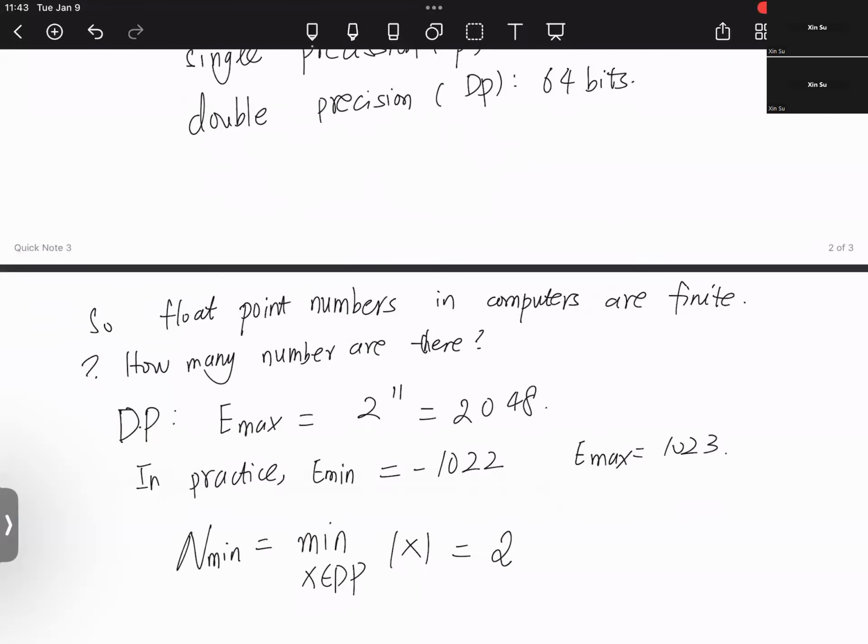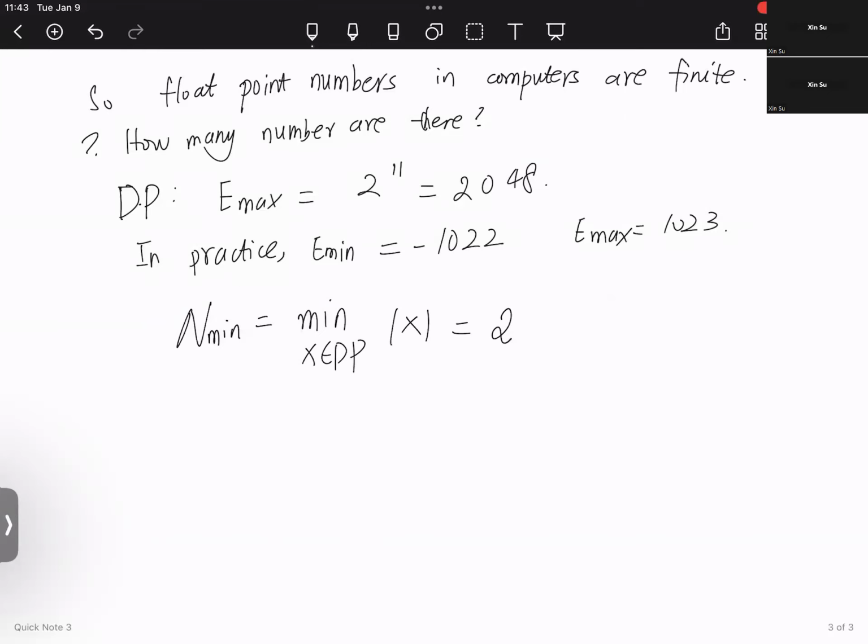But what is the minimum of the absolute value of x that we can represent with double precision? The minimum absolute value is 2 to the power of negative 1022. That is the exponent we got here.